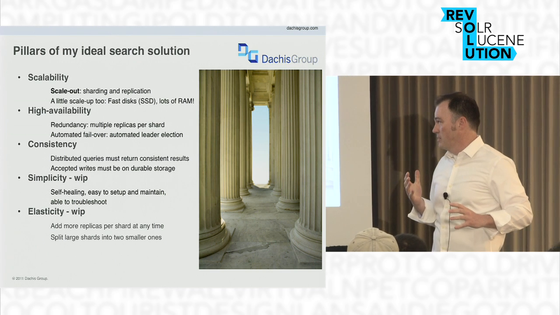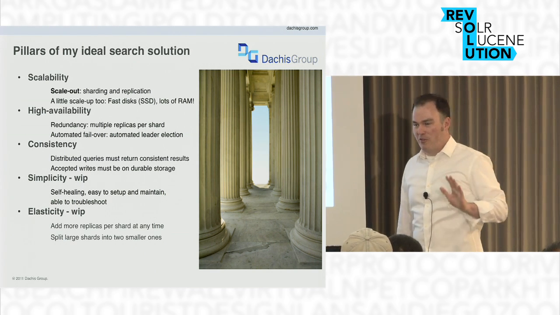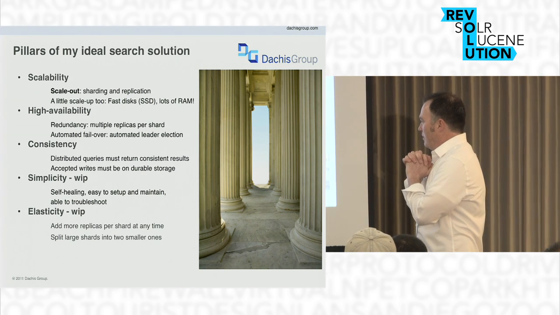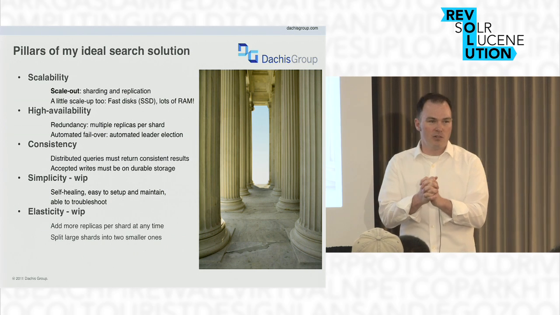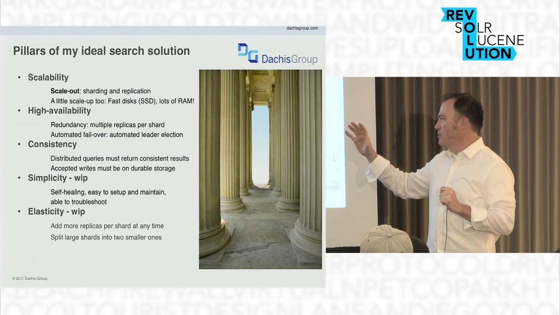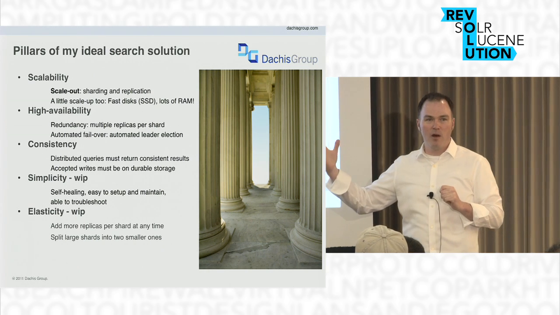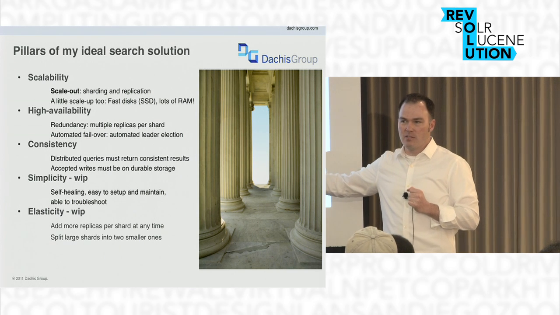Let's first talk about consistency. Everybody has heard of CAP theorem and all that? Okay, so the current thinking is that the P part, network partitions, is a given. They're going to happen. So you really get to balance between consistency and write availability, right? And Solr Cloud favors consistency.